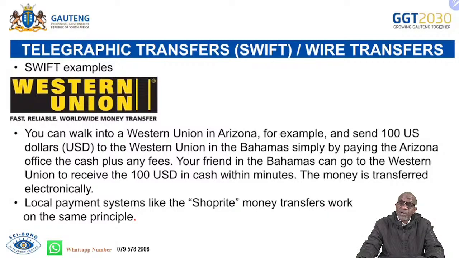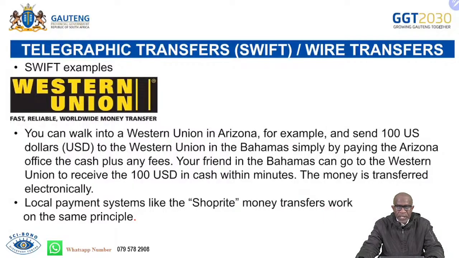The first one is the Western Union. It is said to be a fast, reliable, worldwide money transfer, and it is used in the Western Union in Arizona and the Western Union in the Bahamas.